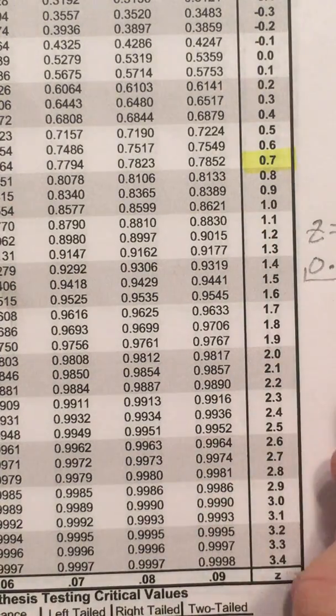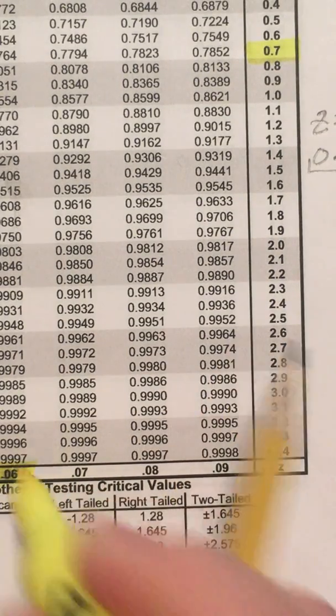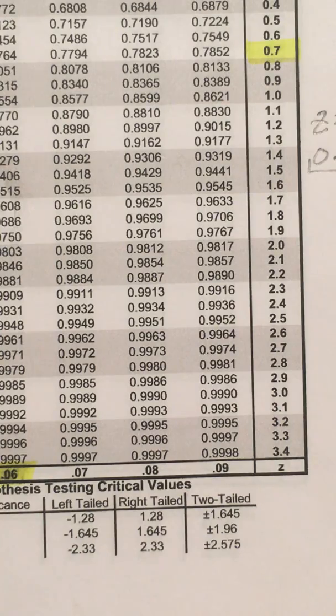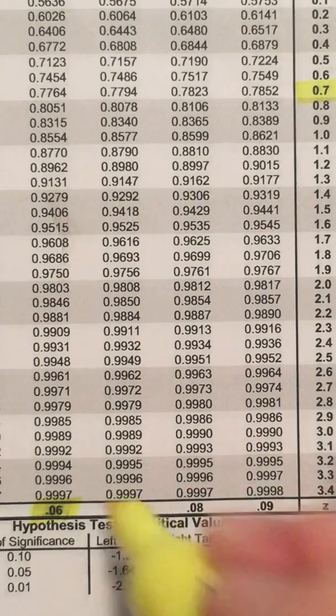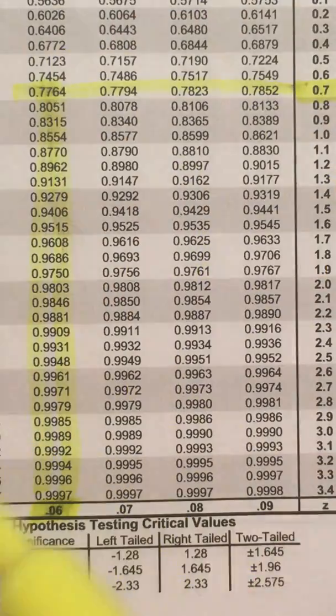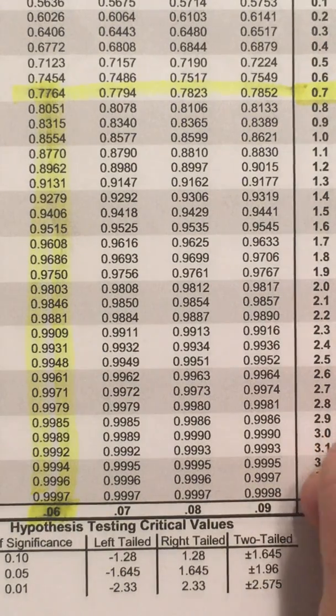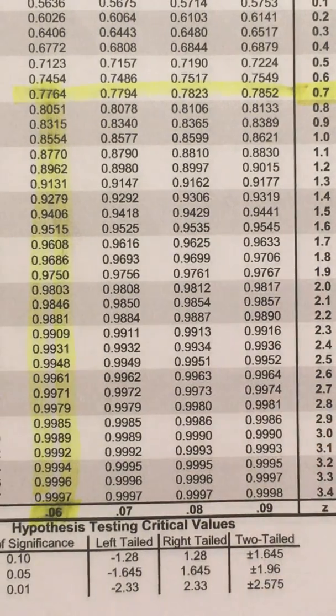And the second decimal is 6, so we should be able to find that here. That's 0.06, which tells us we're in the 6th column. Wherever those cross, that determines the value we're looking for. In this case, 0.7764. So, given any z-score, you should now be able to find the table value.